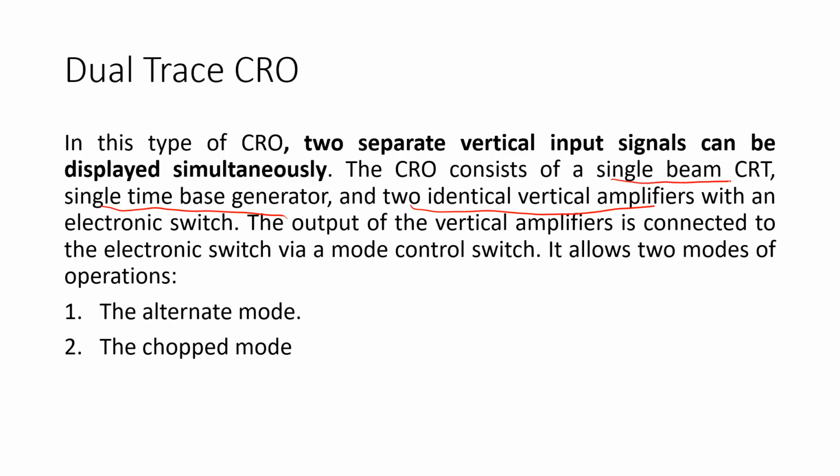Also, we have a single beam CRT, but in this dual trace we have two separate vertical input signals. So using one single beam CRT, we can observe two vertical input signals simultaneously.